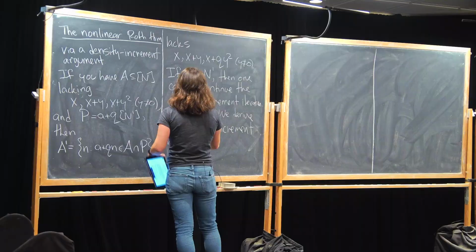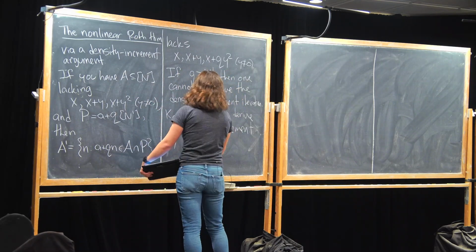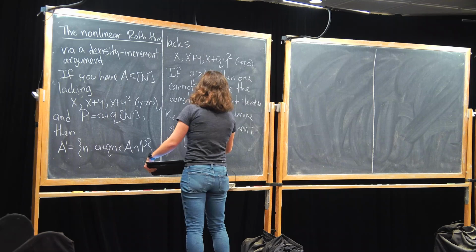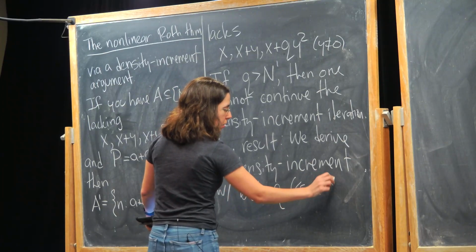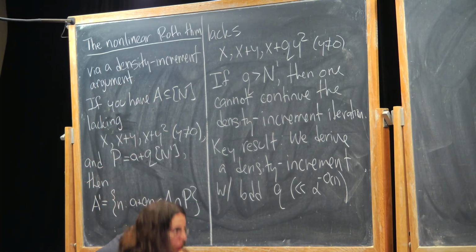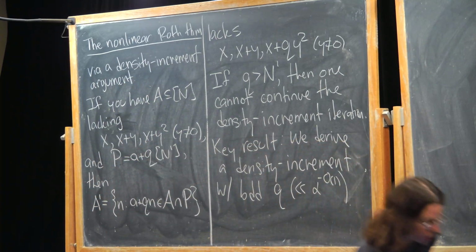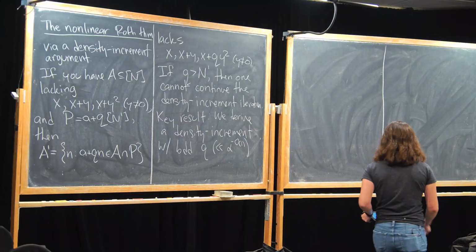So bounded, by bounded I mean bounded in terms of the density of A. And still size of n prime tending to infinity with n.